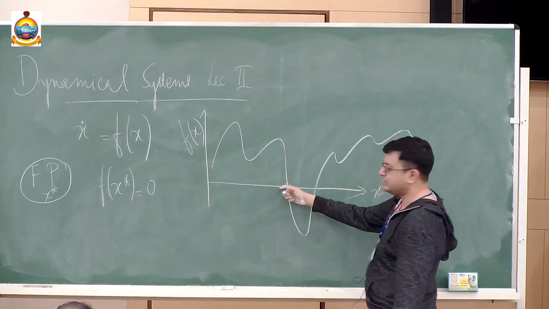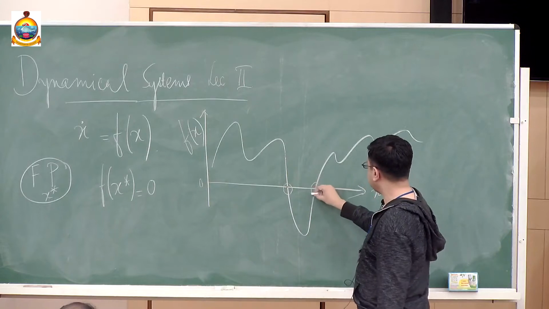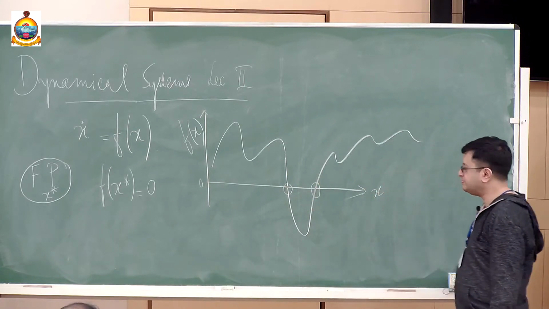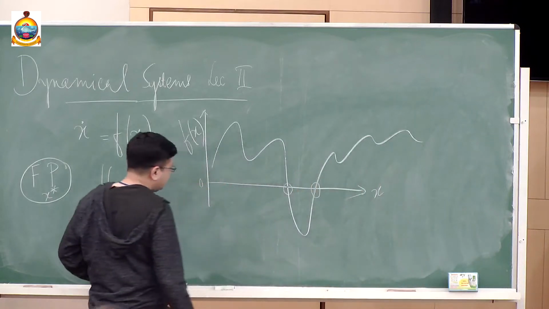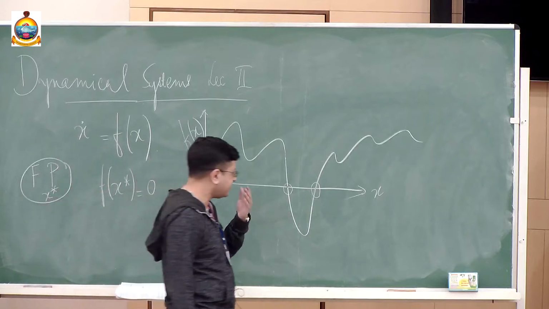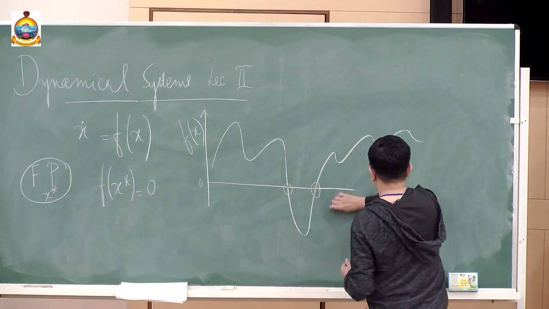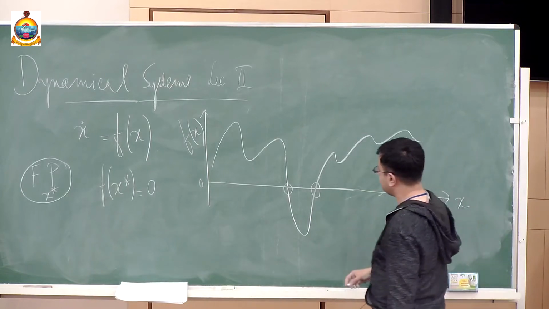So you have a fixed point here and you have a fixed point there. But this plot is telling you something more than that. Of course, it helps you to locate the fixed points, and this is in fact one of the simplest ways to locate them, to just plot the function and see where it intersects the x axis.